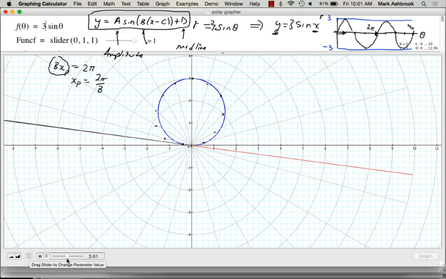Next part. Starting at pi, going from pi to 3 pi over 2, what does r do? It decreases to -3. So in this whole third quadrant, as the angle goes from pi to 3 pi over 2, r is getting more and more negative.